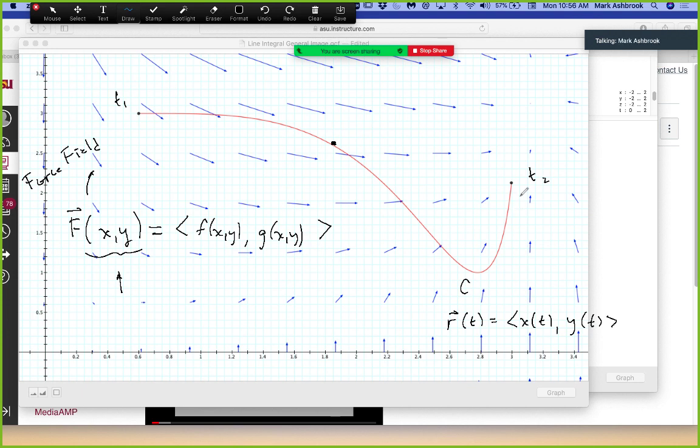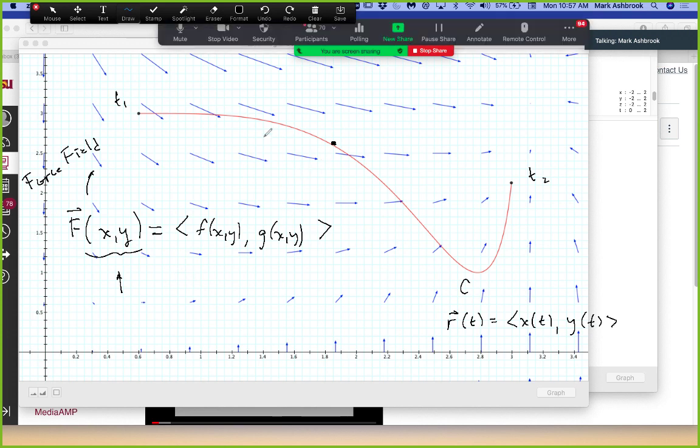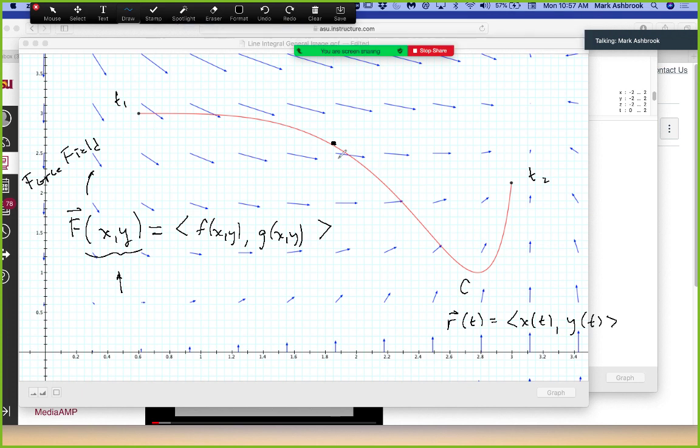And so the line integral of this wind field would be how much work the field or the wind is doing on the car as the car drives this path. As we know, the wind can blow in all different directions, but we force the car to stay on the path of the road.